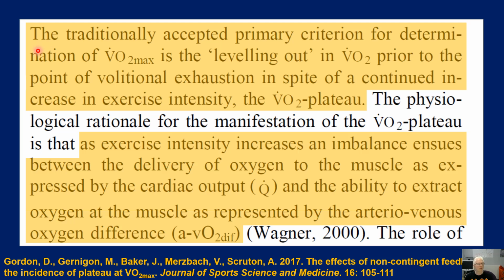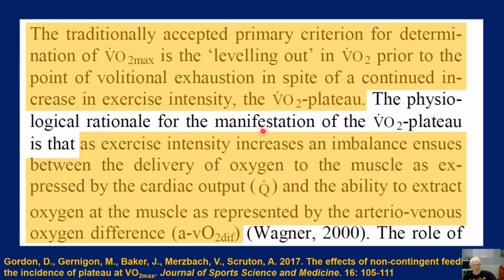And we wrote this: the traditionally accepted primary criterion for determination of VO2max is the levelling out in VO2 prior to the point of volitional exhaustion, in spite of a continued increase in exercise intensity, the VO2 plateau that we've been looking at.